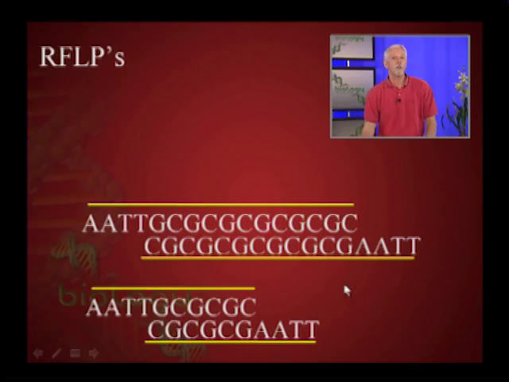But in this case, notice that if a person is heterozygous, it will produce fragments of different lengths. Now again, when we start to separate these out in a couple of minutes, that will be significant. So one individual is homozygous, producing fragments of equal length. One individual is heterozygous, which will produce RFLPs of different lengths. So that's an important concept to keep in mind.